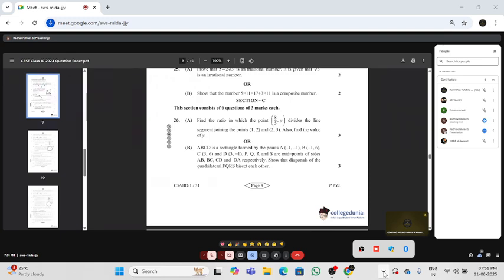8 by 5 is between 1 and 2, so it is somewhere on this line, 1 and 3 by 5. It's somewhere here. Let us say this is your point C, which is 8 by 5, and you are supposed to find the value of y.